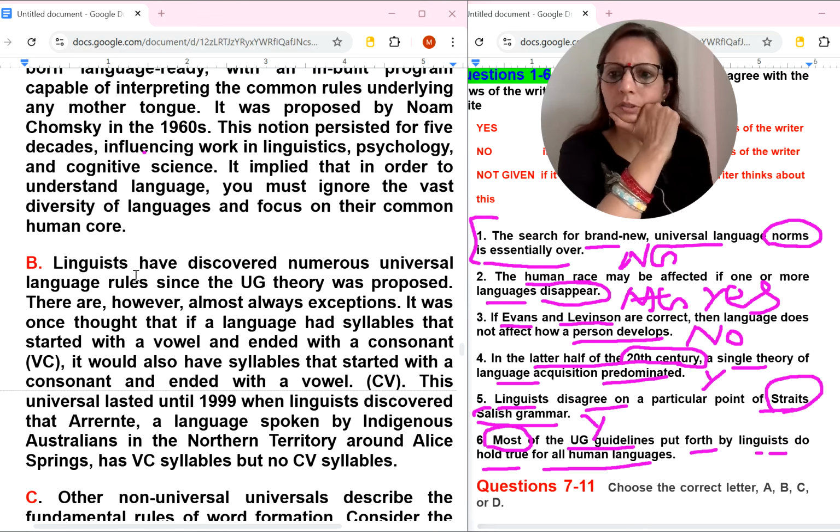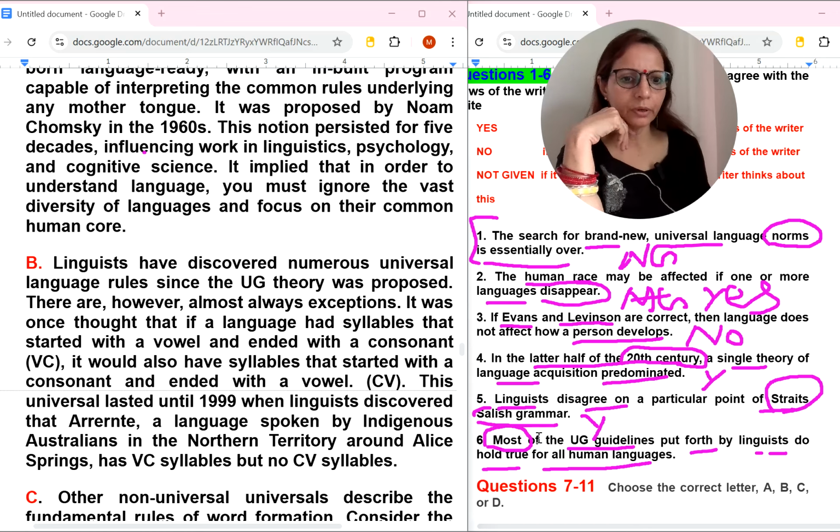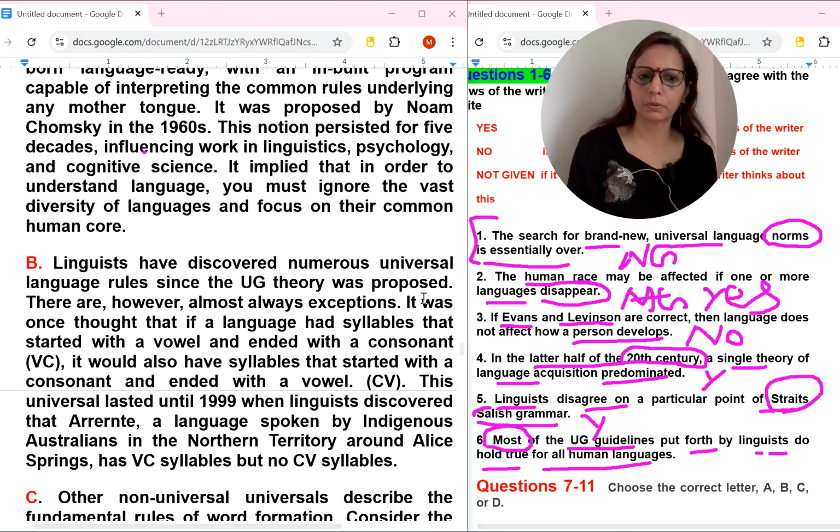In B paragraph, I have found UG guidelines. I think they are talking about rules only. Linguists have discovered numerous universal language rules since the UG theory was proposed. Most of the UG guidelines put forth by linguists do hold true for all languages.